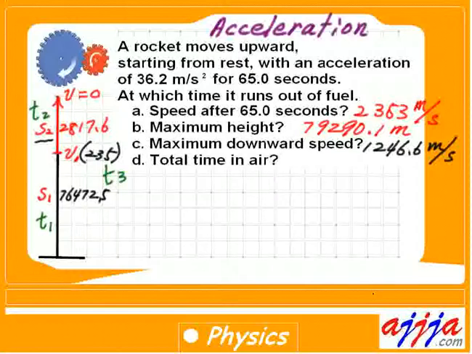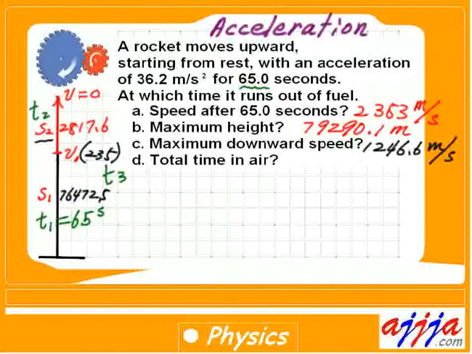T1 was given right here, right? 65 seconds. That's it. We don't have to worry about that. 65 seconds. So for T2 and T3, we know initial velocity, we know final velocity, and we know gravitational acceleration. So we better use this one, right?